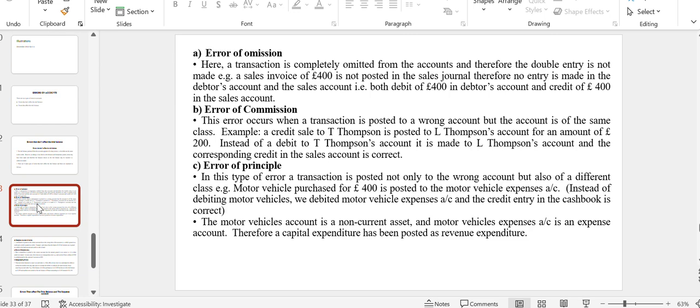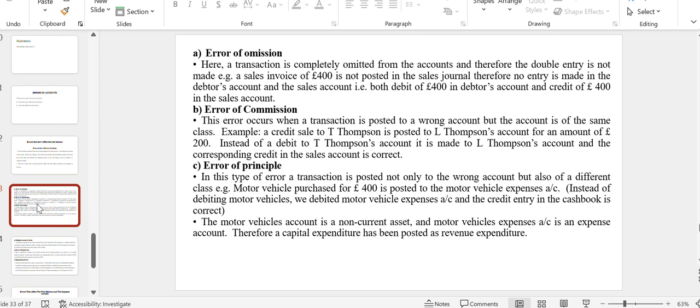In terms of recording, you are supposed to record this in the debtors account and the sales account if it was made on credit basis. If it was made on cash basis, you are supposed to record this in the sales account and cash account. If you completely omit this transaction, it means you are not going to credit sales, and you're not going to debit either debtors or cash.